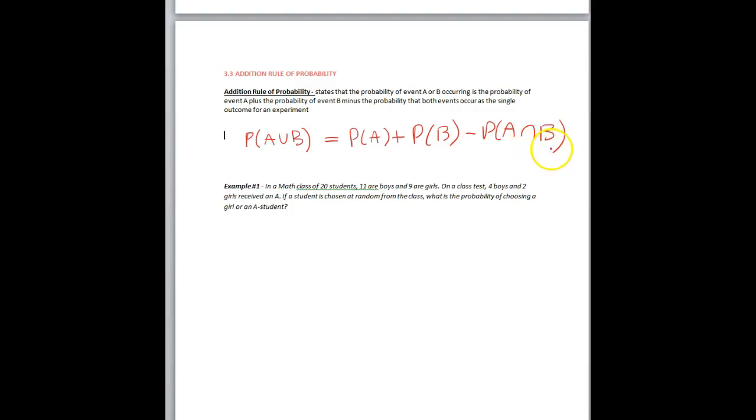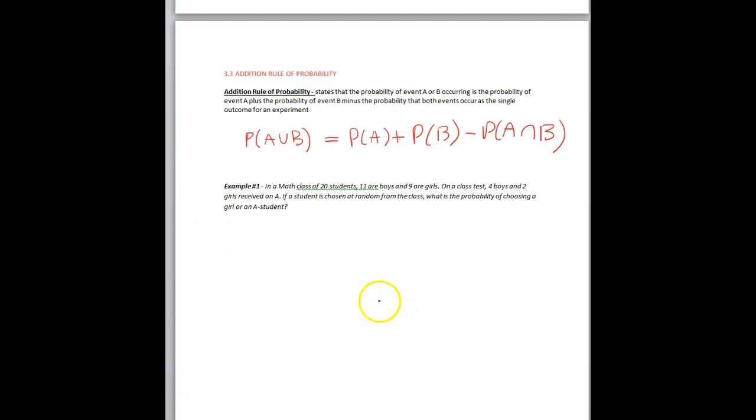And I think I just mentioned, we're minusing this off because within A and B, this has already been counted twice, so we just want to minus it off one time so that we are only considering it one time.